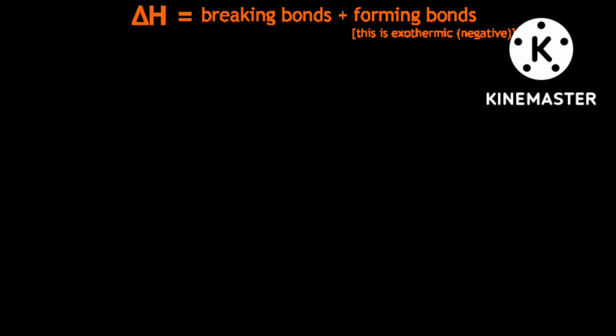But here you are using bond enthalpy, meaning what is going on during the reaction. Bond enthalpy of reactants minus bond enthalpy of products, that difference is called heat of reaction.